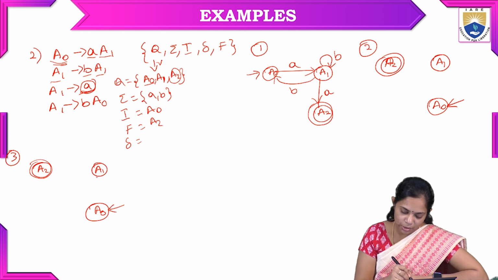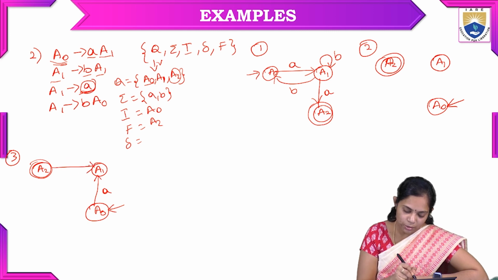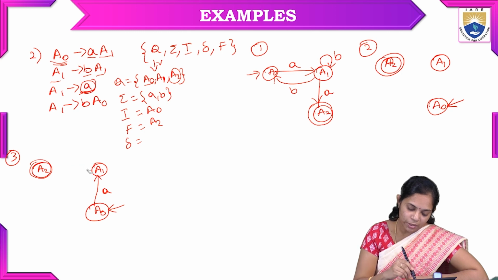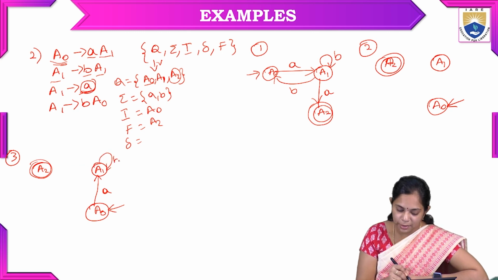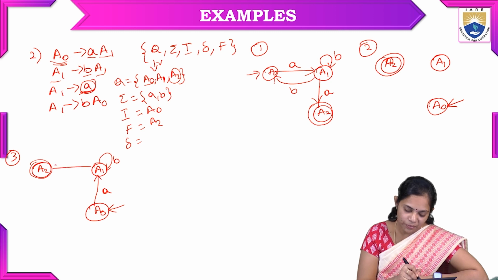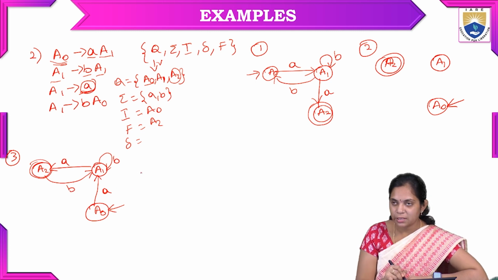The self loop stays the same, and here a as an input symbol and b as an input symbol. So that is how we reversed the edges of the states.